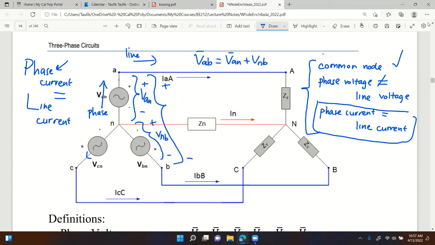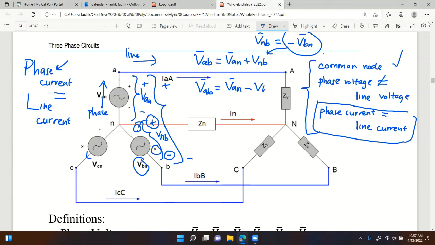How do I know that? Look at the plus of the VNB. It's actually the negative of VBN. And the negative of VNB is the positive of VBN. So therefore, I could rewrite that equation like this. VAB, this is all in the book, is equal to VAN. I know that VNB is equal to negative VBN. So if I plug this in here, then I get minus VBN.